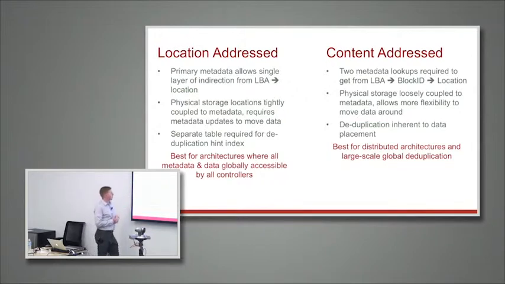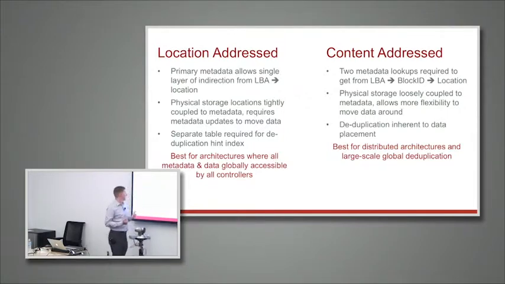So contrasting these two approaches, the biggest difference that I would call out here is that in location address, you have to keep a separate table for a deduplication hint index. And that has to be accessible. That hint index has to be accessible anywhere I/O is coming in to be able to consult it. With content address, the deduplication is inherent to the data placement. It's inherent to where the data is routed in the cluster, which means that you don't need a centralized index for deduplication.